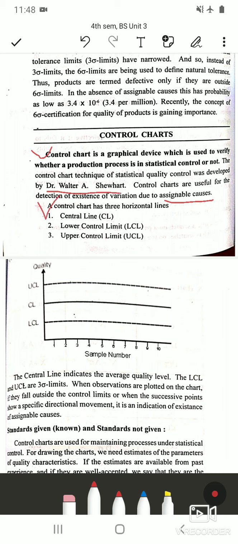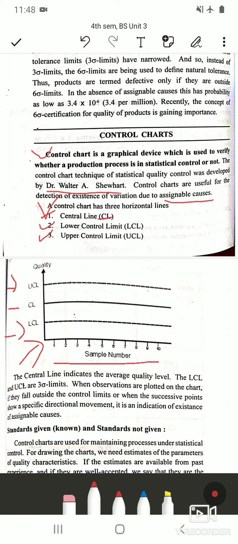A control chart has 3 horizontal lines. The first is the central line, abbreviated as CL. Then the second and third horizontal lines are the lower control limit and upper control limit. So this is the representation of a control chart. Here you have to take samples and calculate CL, upper control limit and lower control limit.